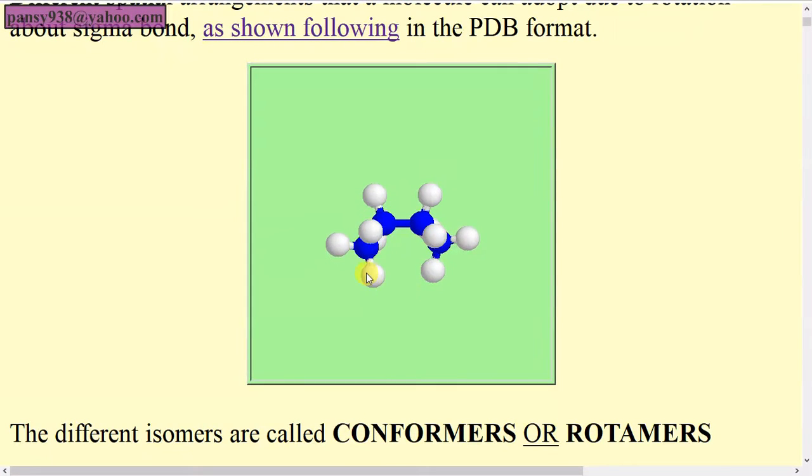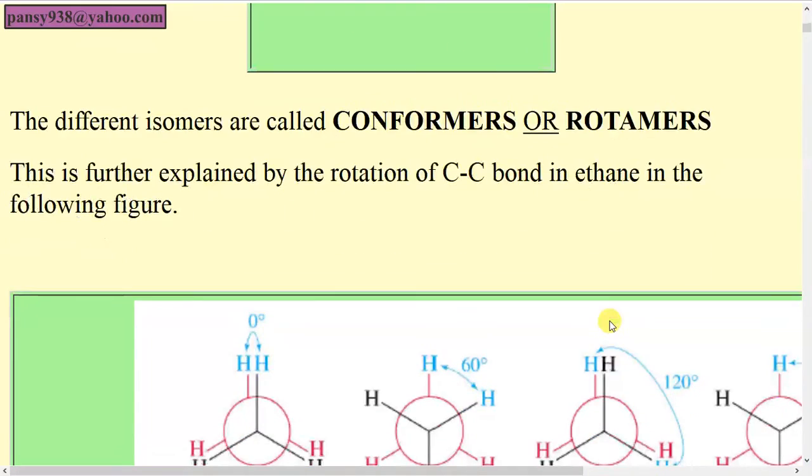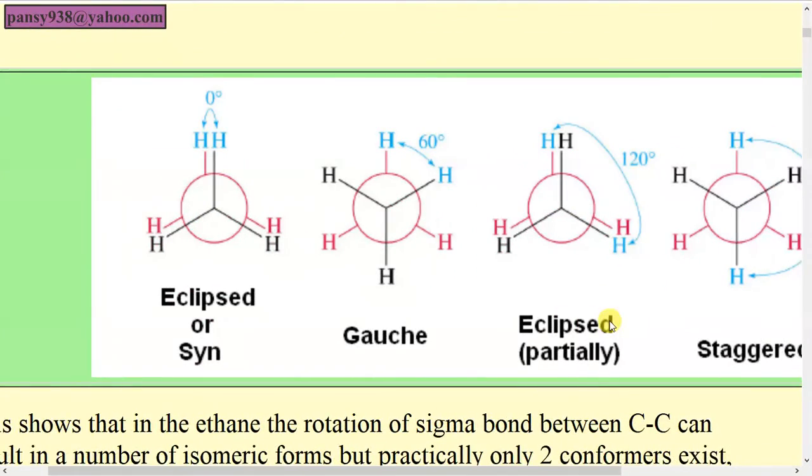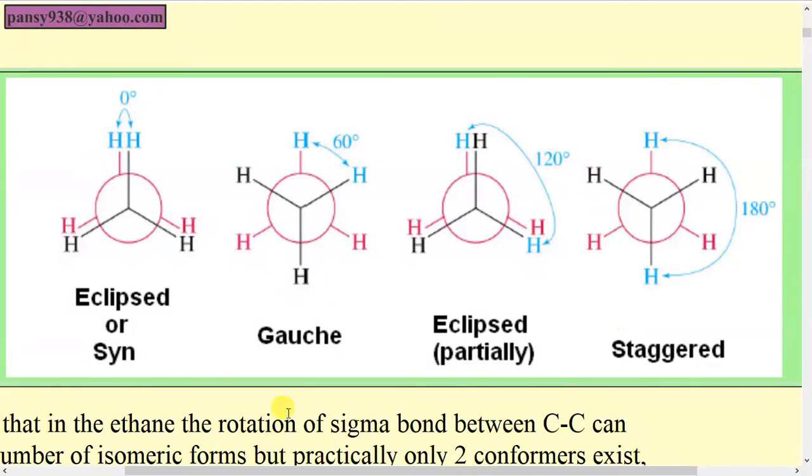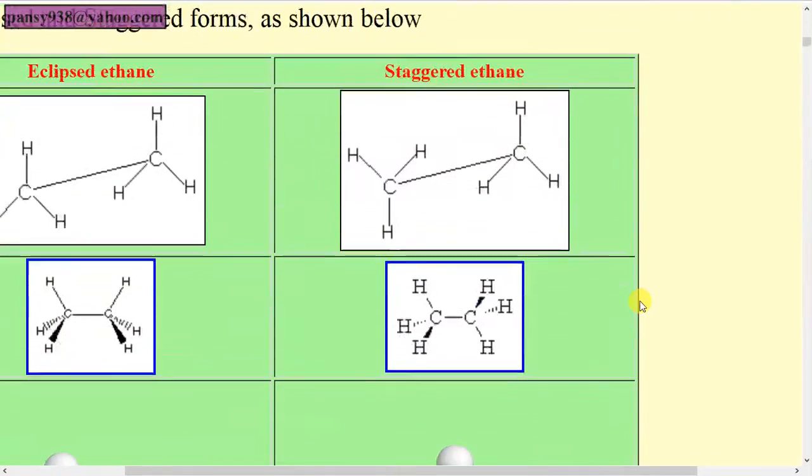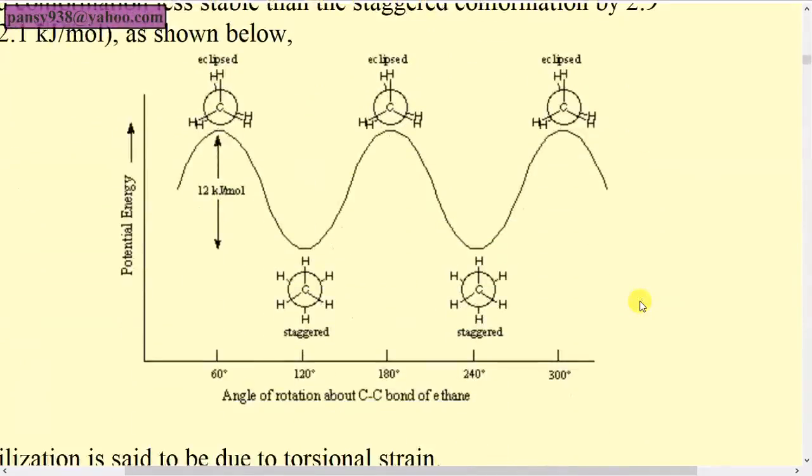As you see in the picture, this sigma bond, which is a single bond, is rotating, as a result of which different conformers or conformational isomers are formed, which are named, as we have studied in the previous session, eclipsed, gauche, or partially eclipsed or staggered forms.